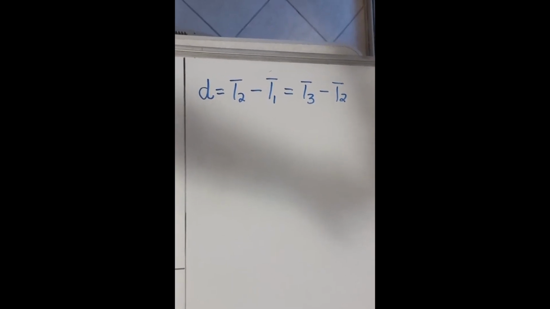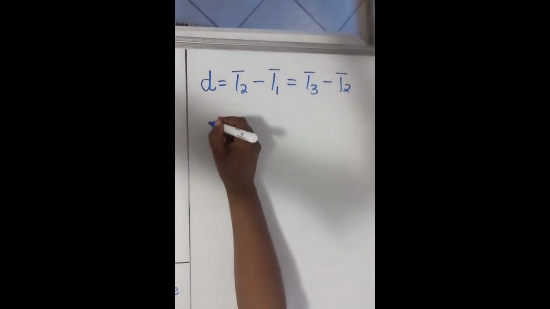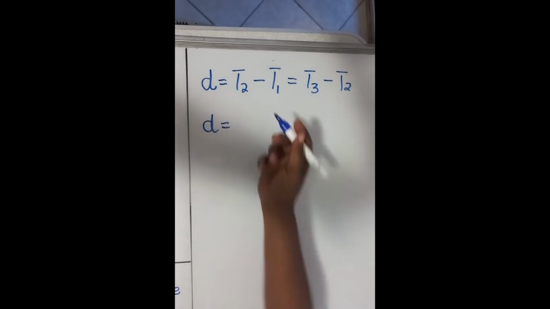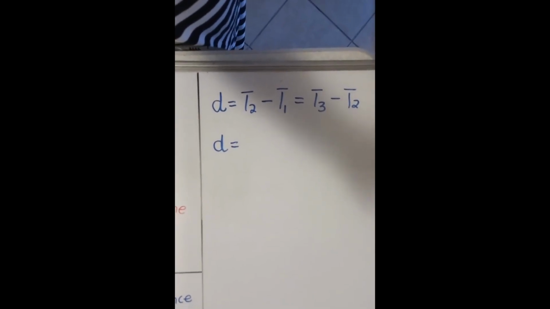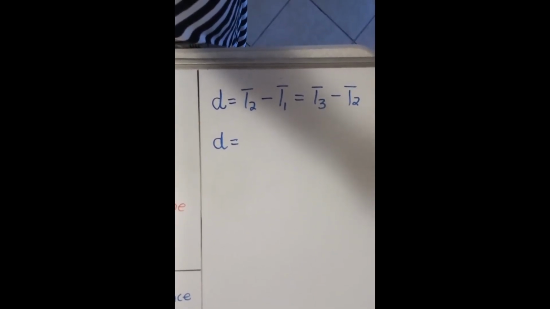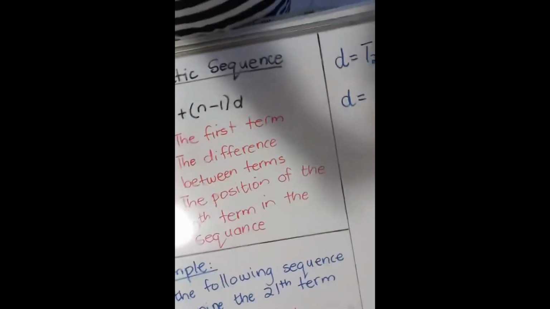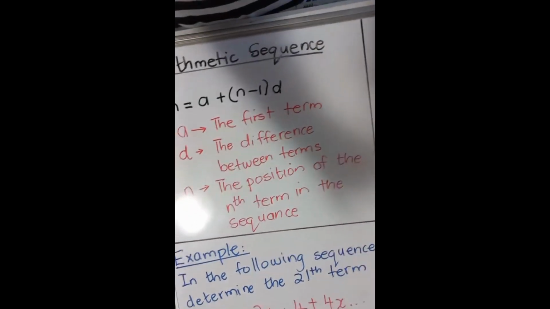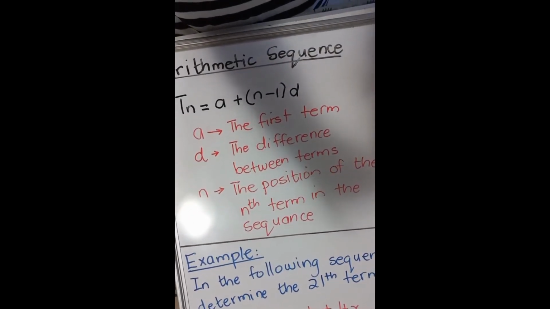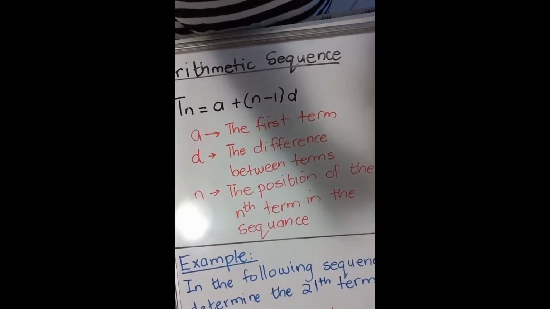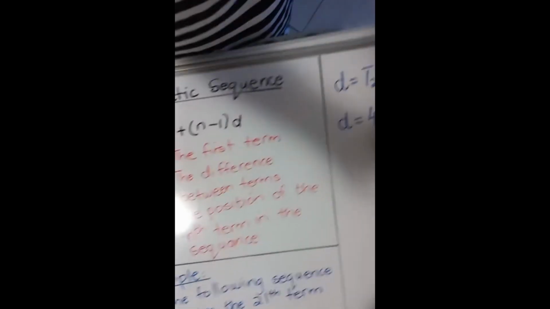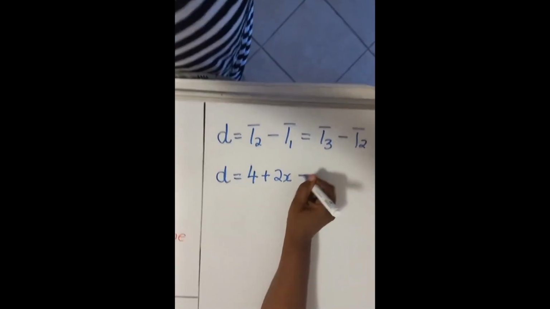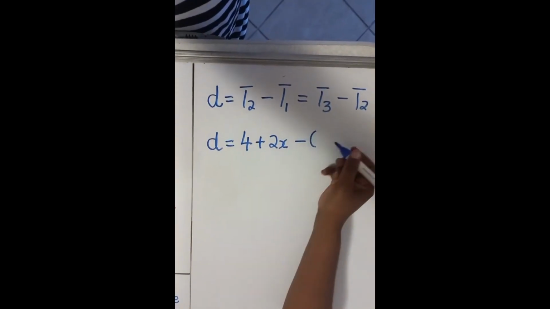So what they will give you marks for is to say d is equal to, then you take any 2 consecutive terms. When I say consecutive terms, I mean terms that follow each other. You start with the bigger term: term 3 minus term 2, or term 2 minus term 1. In my question, I'm going to opt for term 2 minus term 1. So my term 2 is 4 plus 2x, minus, then I open bracket, because I need to write the whole of term 1.